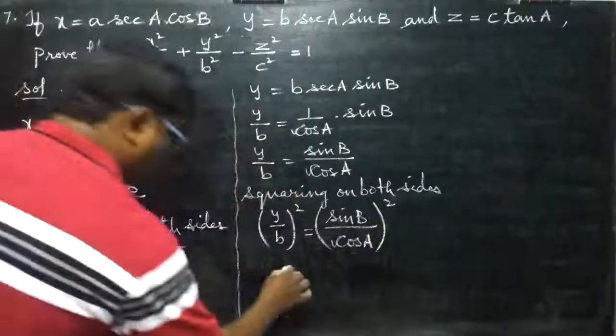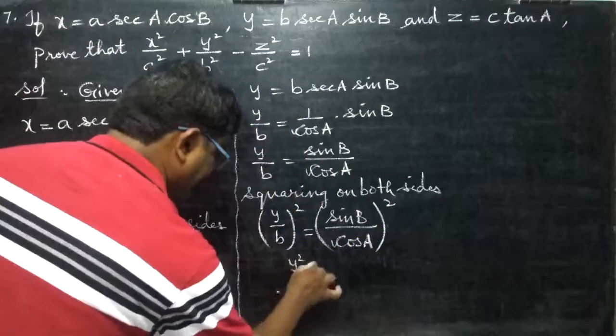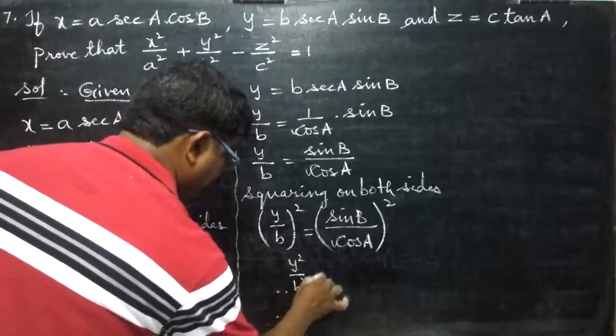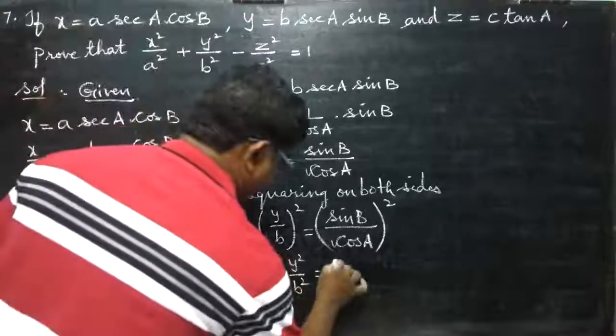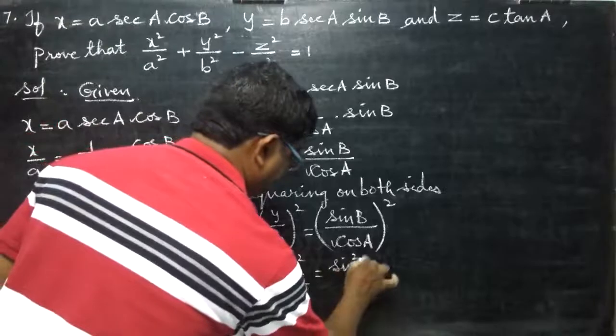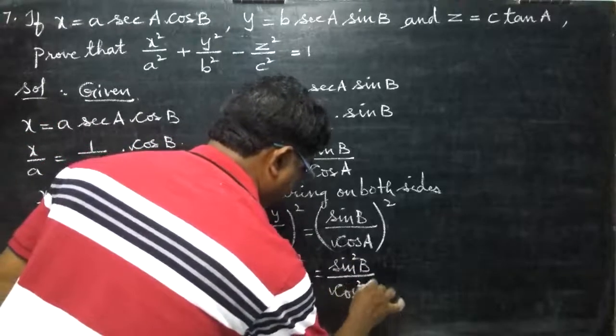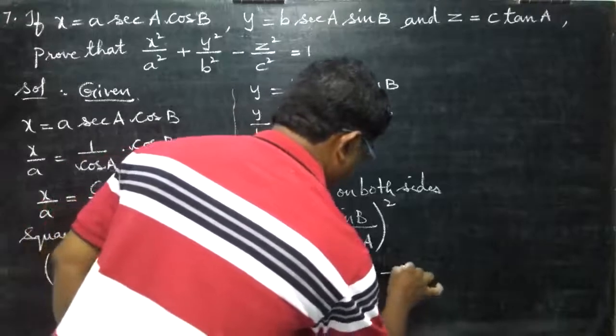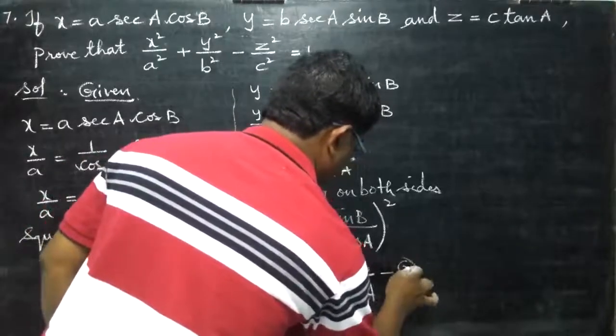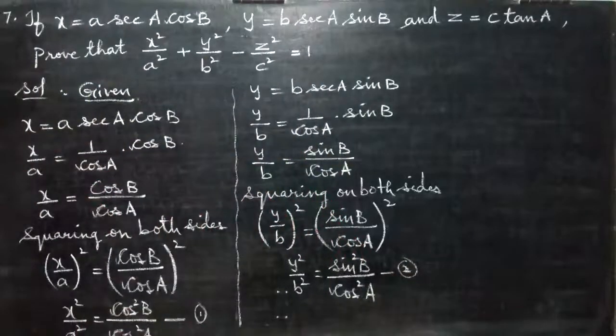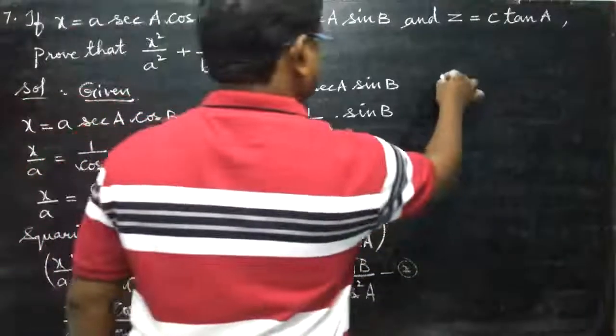Now y square by b square is equal to sin square B by cos square A. This is equation 2. First one we got, second one we got. Come to the last one.